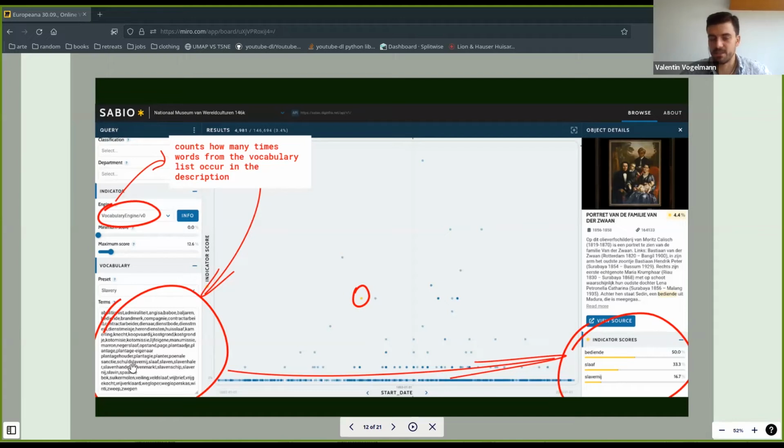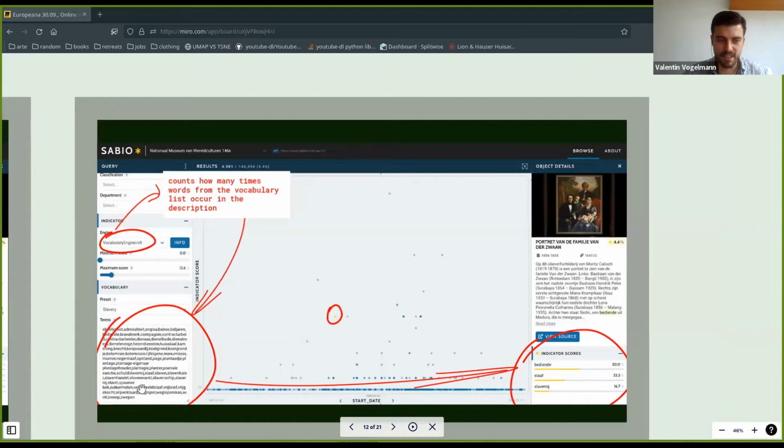You can freely bring in your own. You can edit as much as you want. This list is really just there as an example. So what it does is it takes this list, and then in each object it counts how many times the words from this list occur in the object's description. So it's a very simple relevance algorithm.